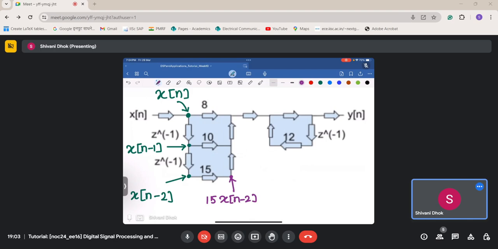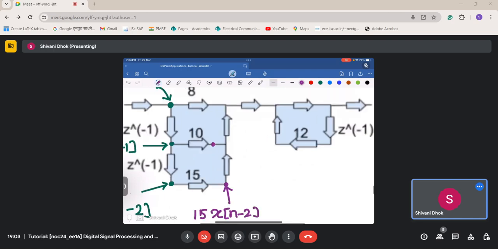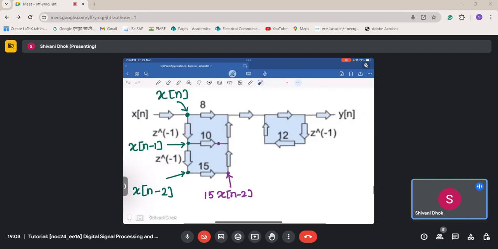Let us look at this location, just after this gain block. At this location, we have x of n minus 1 and it gets multiplied by 10.